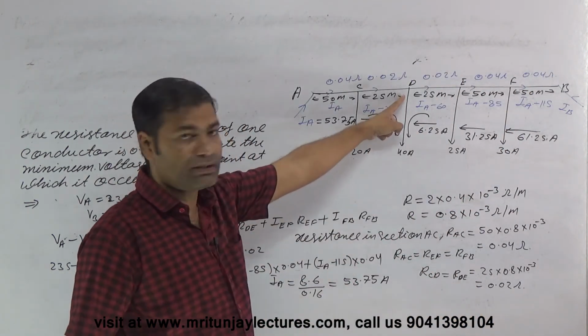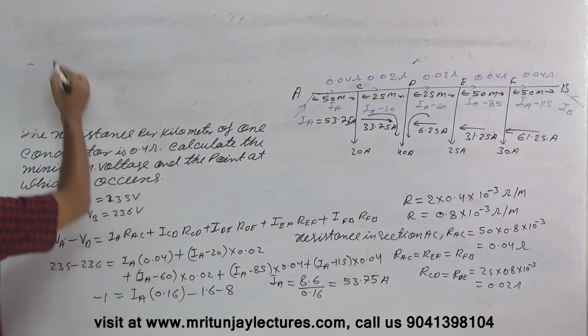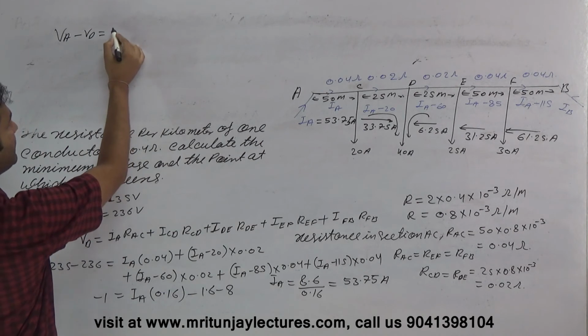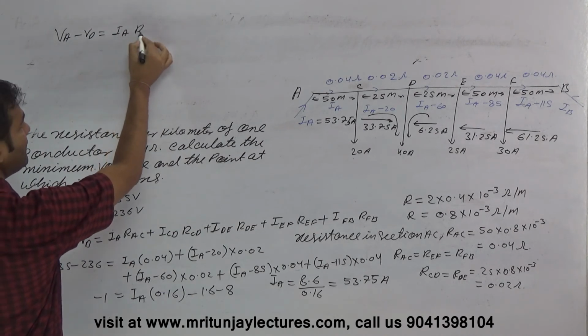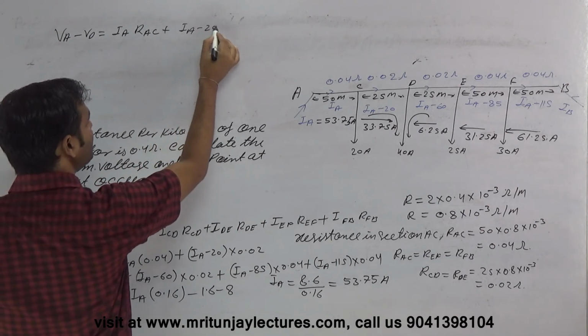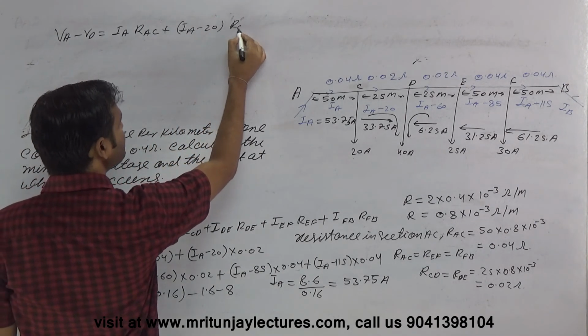The minimum voltage is VD, so VA minus VD is equal to IA into R of AC plus IA minus 20 into R of CD.